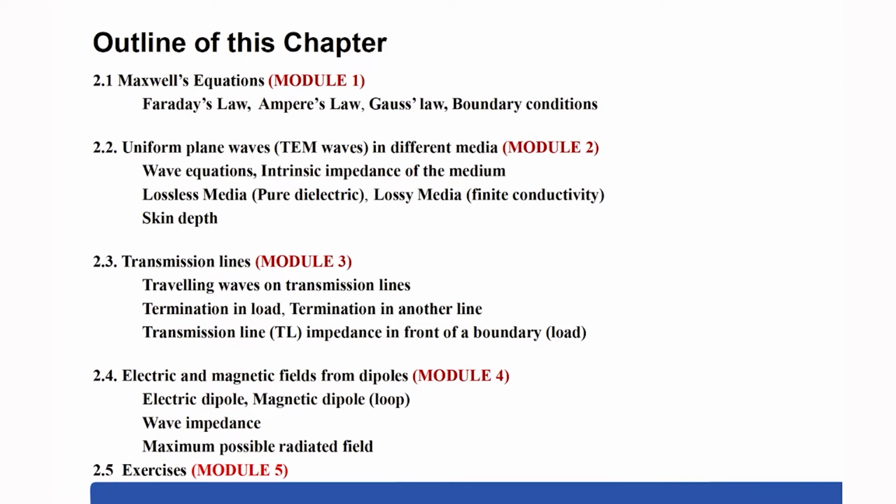So we will see that any of this can be modeled as combinations of small electric dipoles and small loops. We will find the expressions for the radiation field, especially the maximum radiation field. And we will also consider wave impedance, especially how wave impedance is different between electric and magnetic field when you are close to the source.